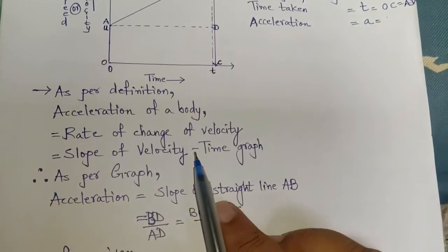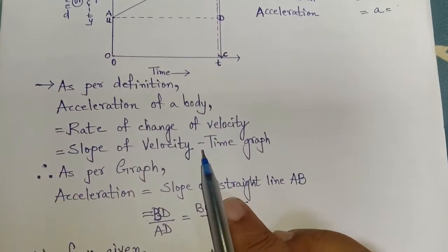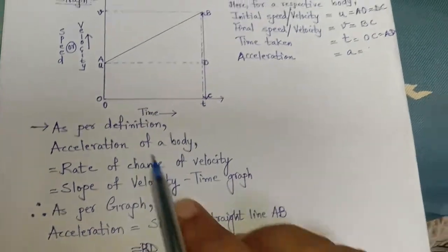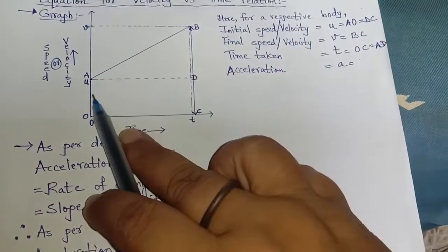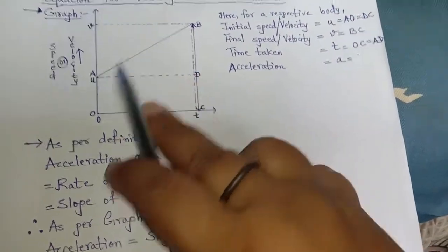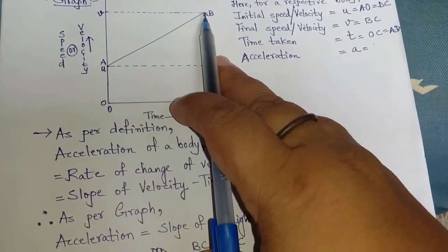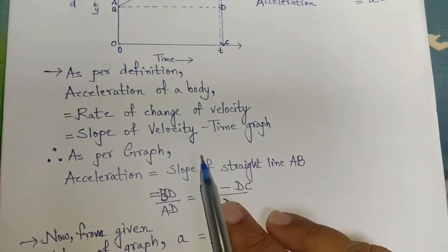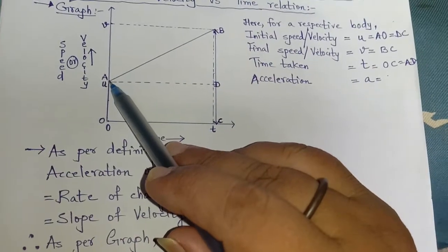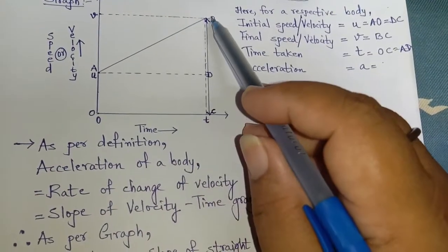And here the rate of change of velocity is given by the slope, as I just explained in the velocity versus time graph. Slope will give us the change in velocity, and that is acceleration. So as per the graph, acceleration is equal to the slope of the graph, that is line AB.